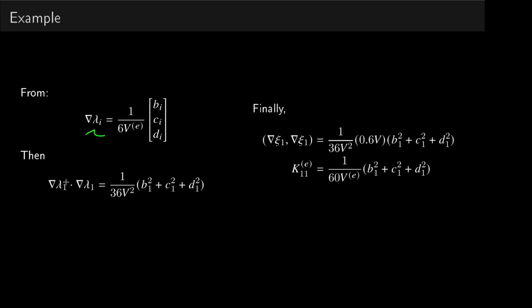We just multiply coefficients, so we get 1 over 36 V squared. I use a shortcut here, V instead of V^e. We get the final expression of K11. This final expression is exact. It means the error is only from computer precision, but not the integration itself.